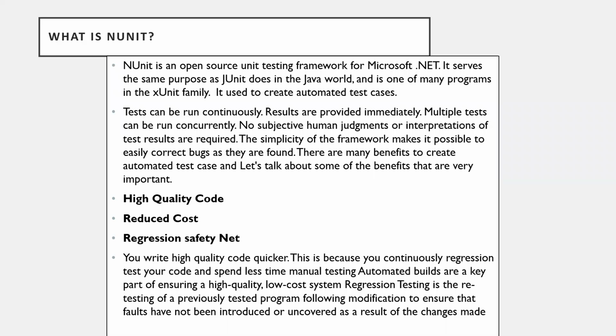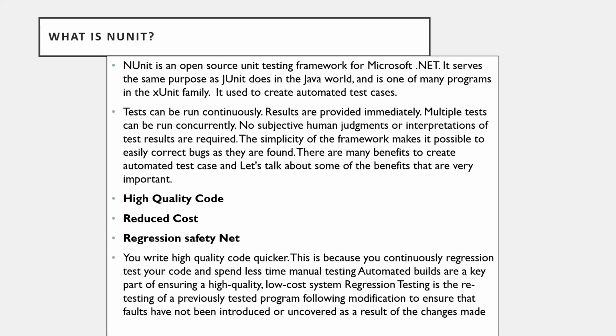If we go to the NUnit definition, as I already told you, unit testing is a process of validating a piece of code in the development area. To do this, we have different tools: NUnit, JUnit, QUnit, and others like the Microsoft inbuilt unit test framework in VS. There are a lot of things, but NUnit has some history, it has existed for 10 years, so it has some unique standards, and it's open source, available in the world.